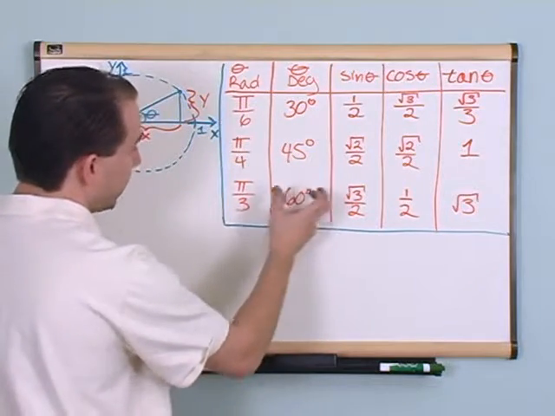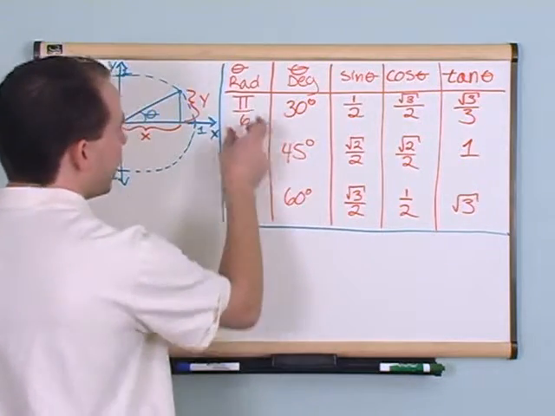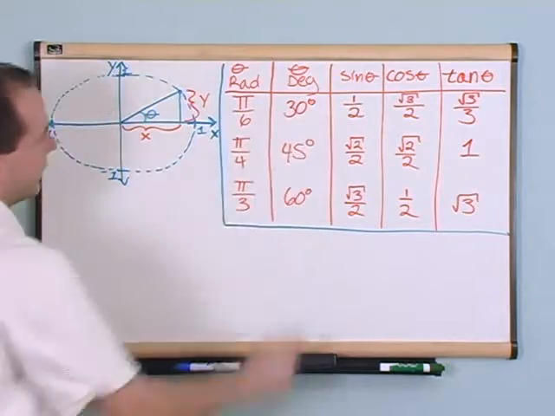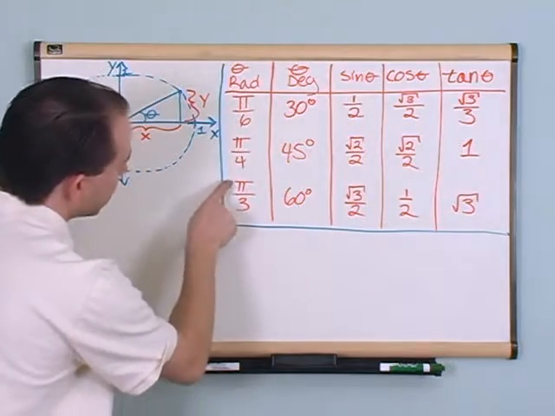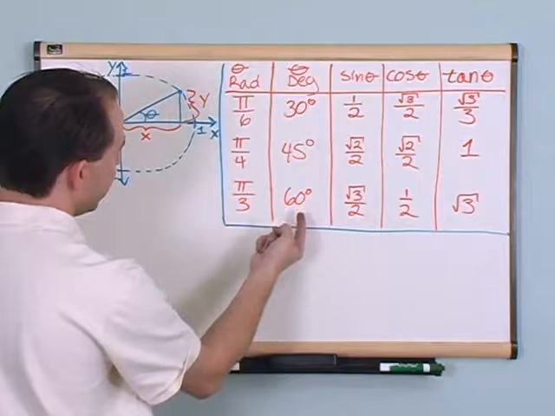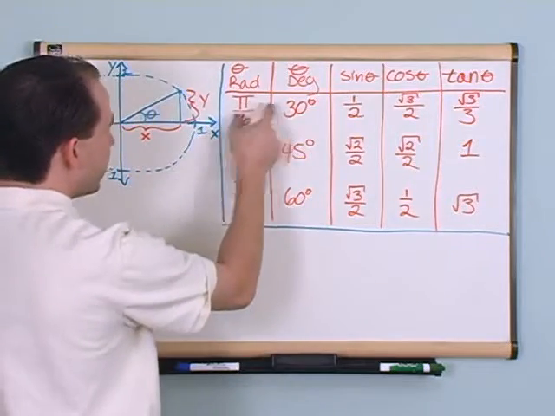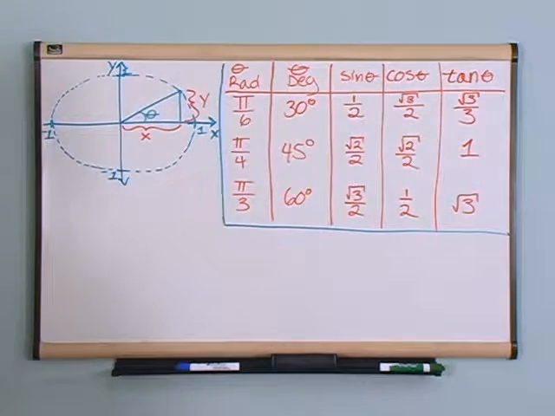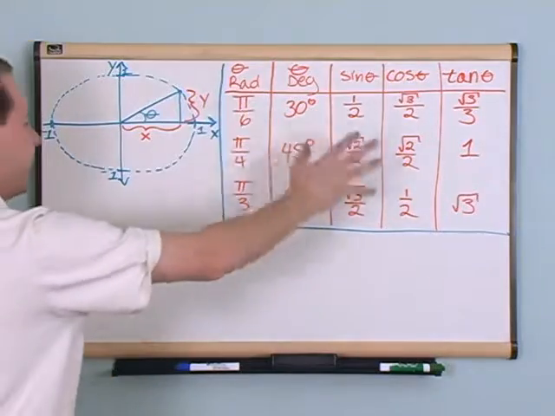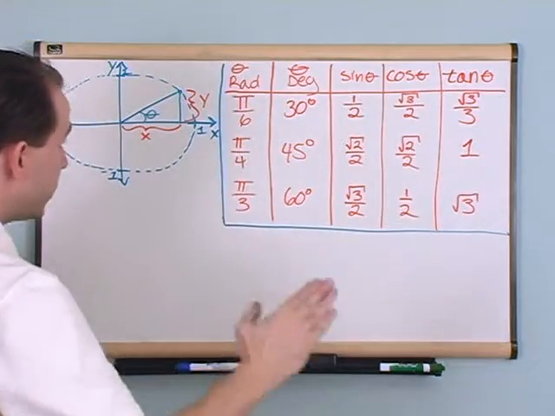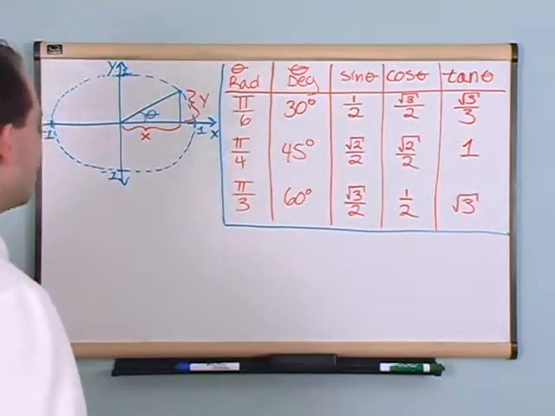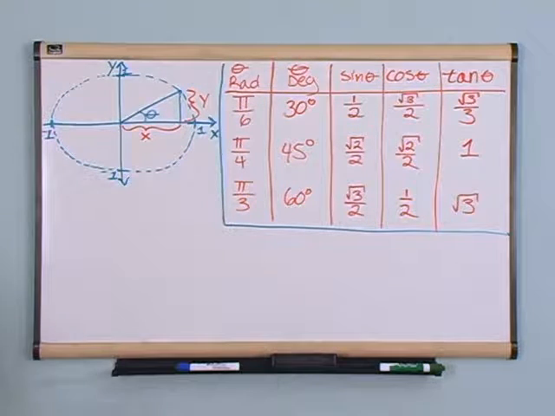And for the pi over 6, it would be 30 degrees. So don't fall in the trap of thinking pi over 3 equals 30 degrees. It doesn't. It's 60 degrees. Pi over 6 is 30 degrees. Okay? And once you have that and have this table committed to memory, which you will only be able to do by working problems, the problems in the section become very simple.